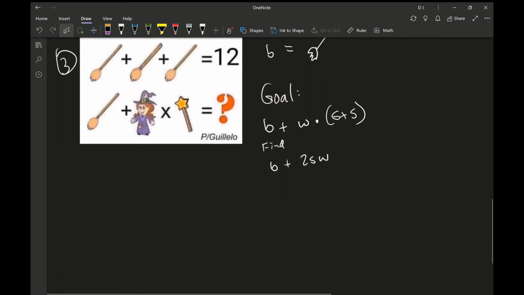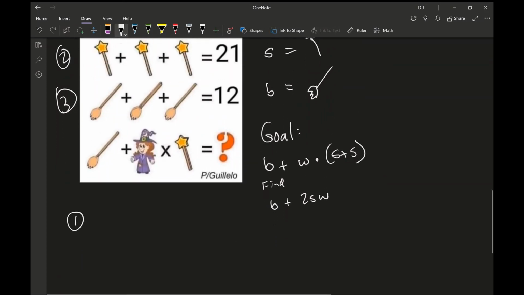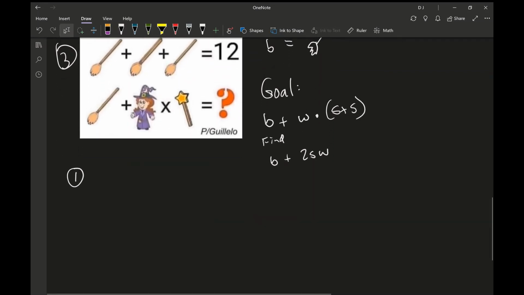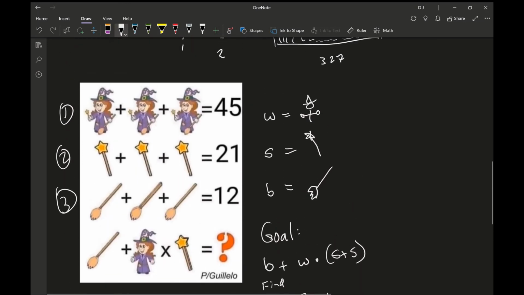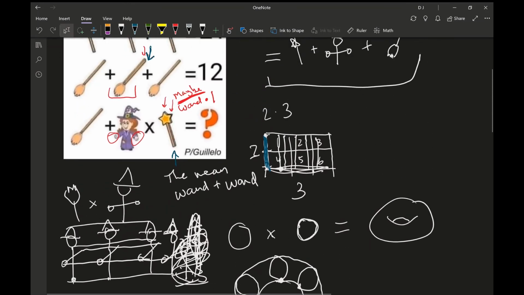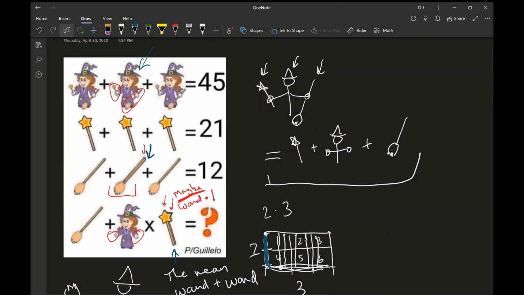So that first line tells us that we get 3 of the exact same thing, and adding 3 of the same thing is multiplying by 3. And what are we multiplying by 3? We're multiplying wand, which person, broom.